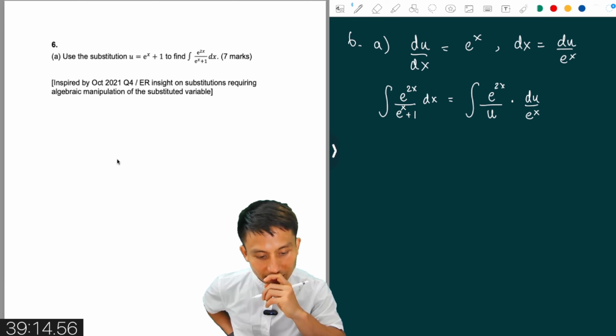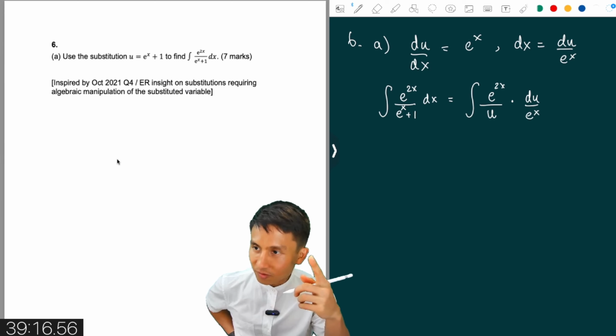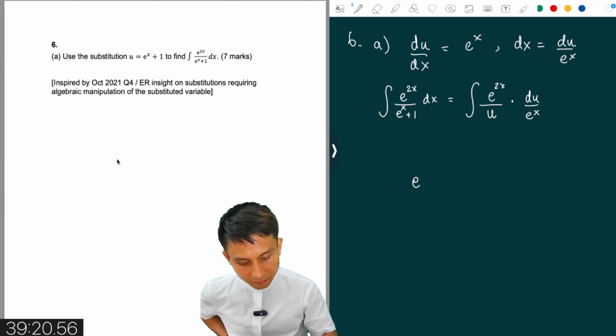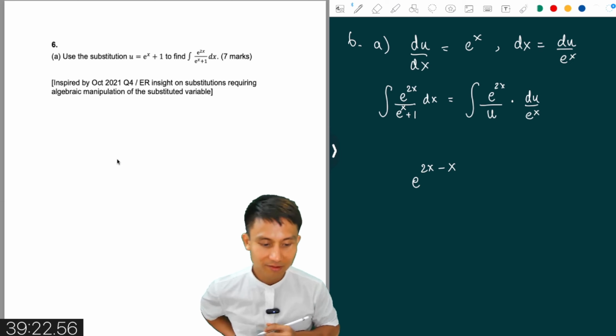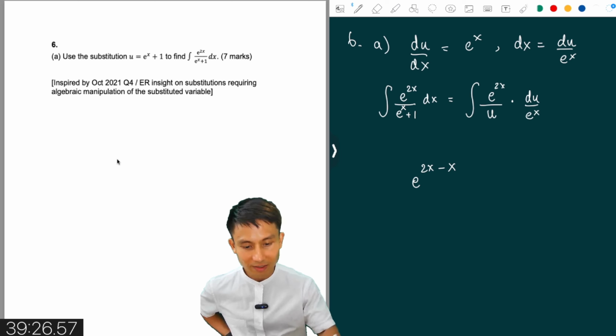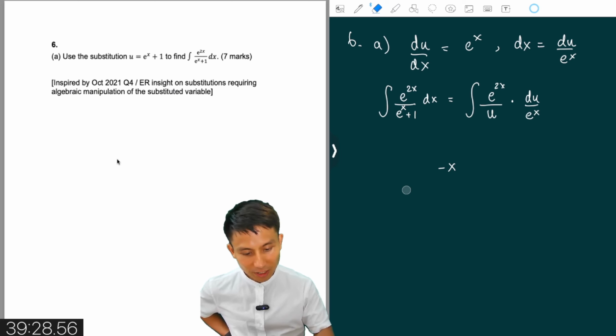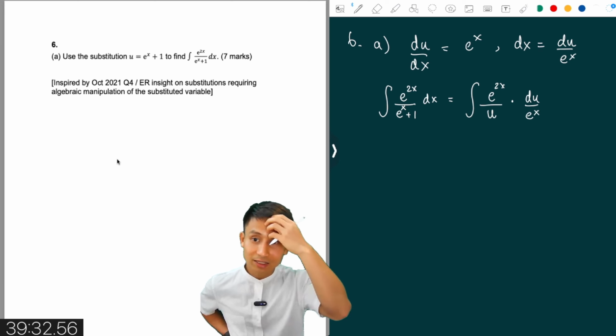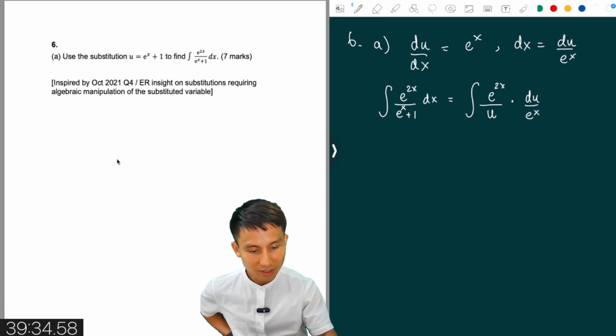Now, e to the x will simplify with e to the 2x, because you would have e to the 2x minus x, right? Don't forget, you can use a law of indices here to simplify that. So that would be e to the x there. But e to the x is known to be u minus 1, right?